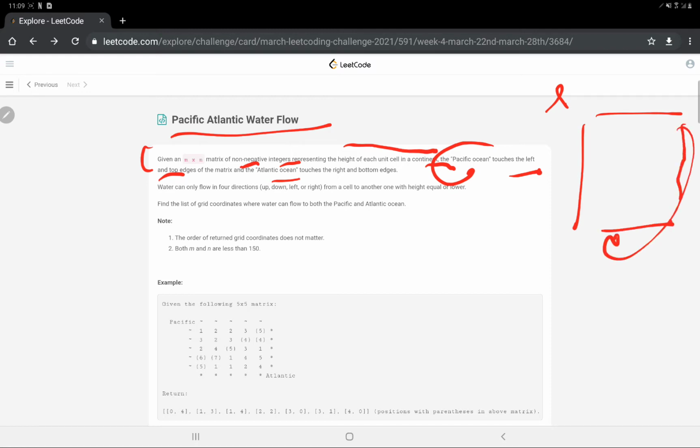So here we have Atlantic and here we have Pacific. All right, and in between are the cells that are given as heights.